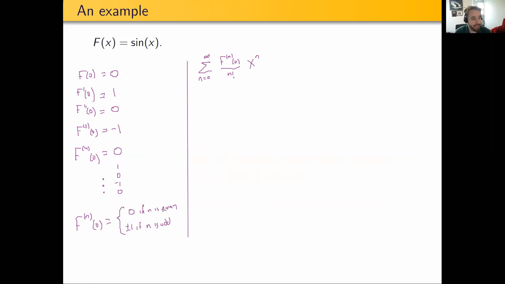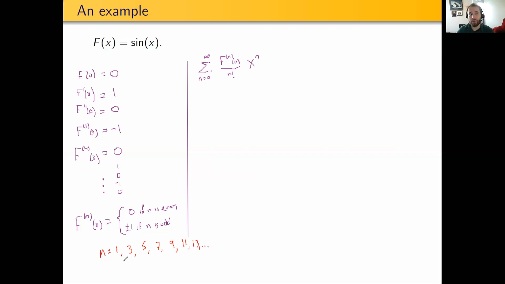Because all of the even values will have a coefficient of 0, we don't actually care about those. What I really care about are the values when n equals 1, 3, 5, 7, 9, and so on.